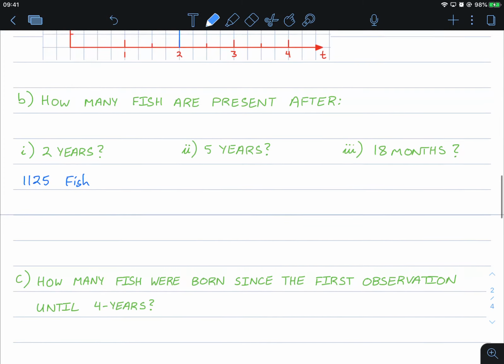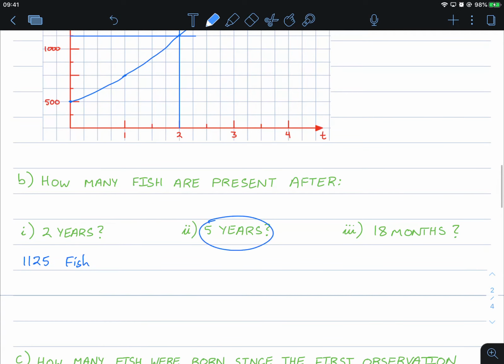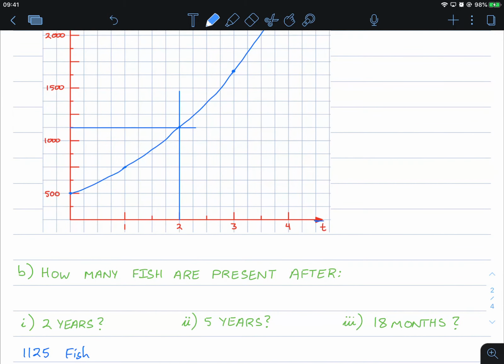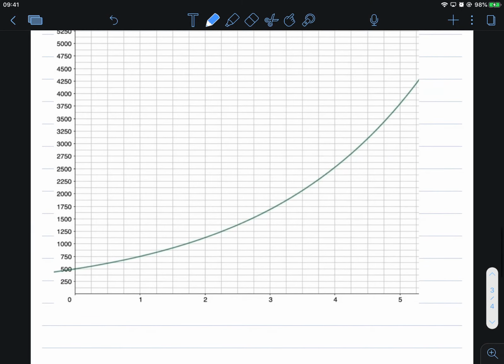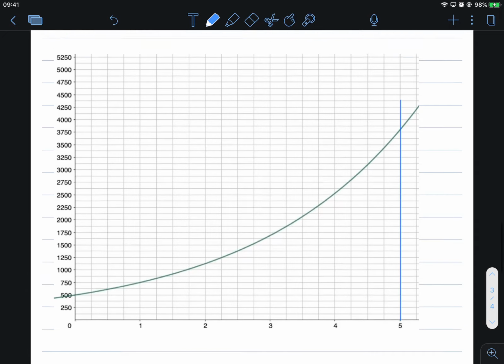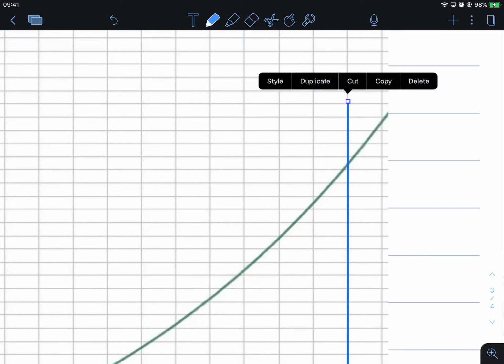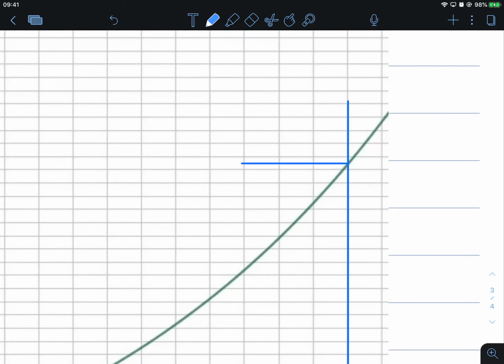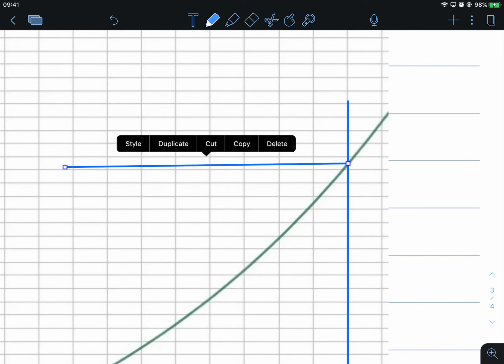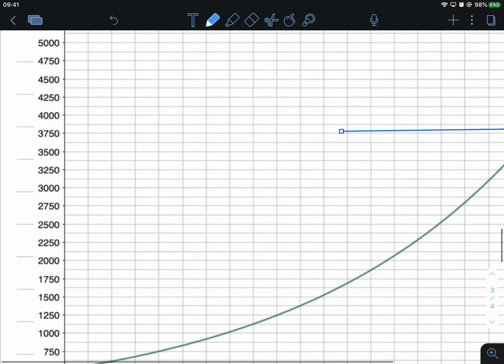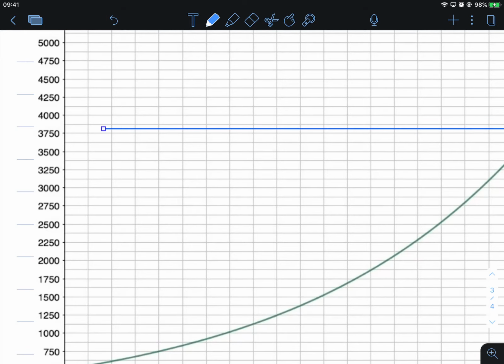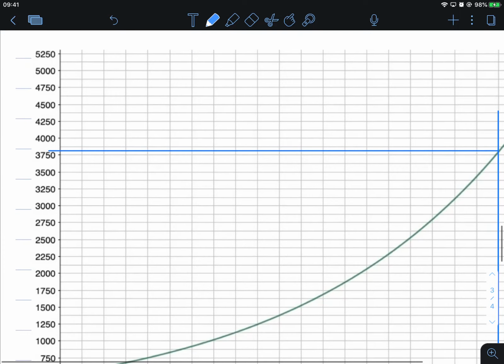At 5 years, now notice how we don't have 5 years in our graph here. If we only were given the graph, we would go along to here, find that point of intersection, like so, and use our ruler to see how many there are there. Slightly above 3,750.